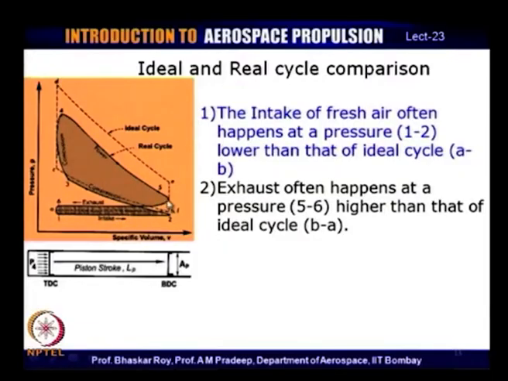Now, this is how the air is driven out of the piston, and this is how the piston actually takes in the air. As a result, there is a slight difference between the exhaust stroke pressure line and the intake stroke pressure line, and it creates a certain amount of work that goes away in the process of exhaust and intake, and that would not be available to the external agency which requires that work for creating thrust through the propellers. So, the intake and exhaust do not conform to the ideal cycle concept.